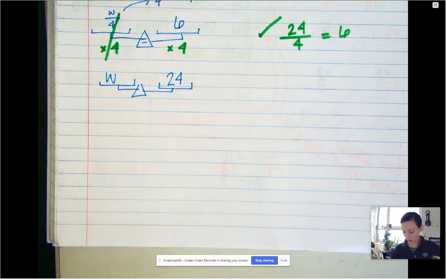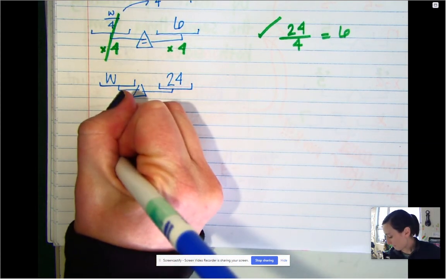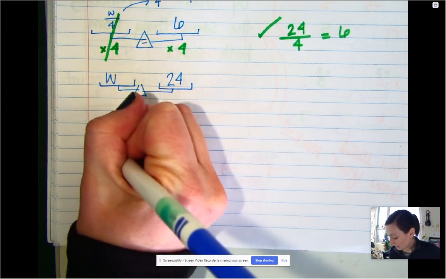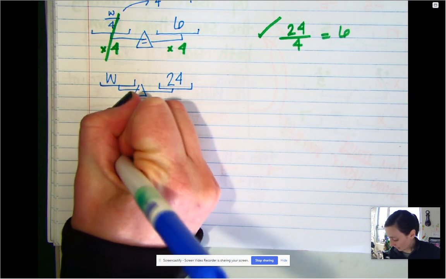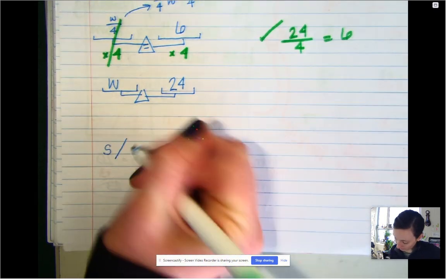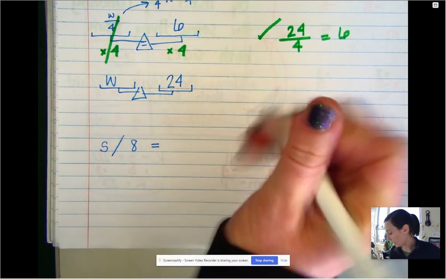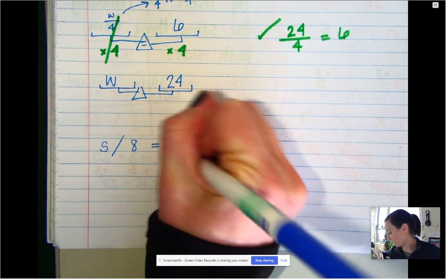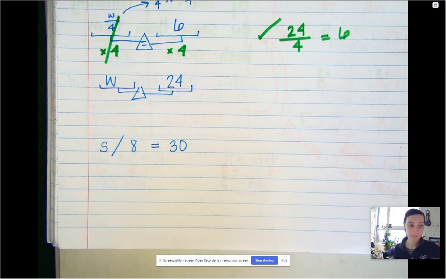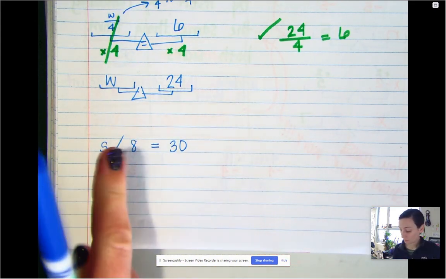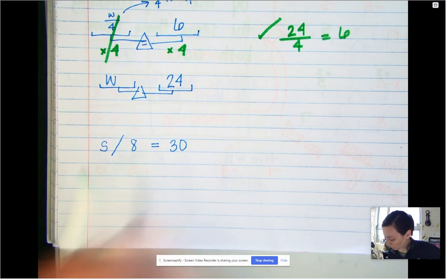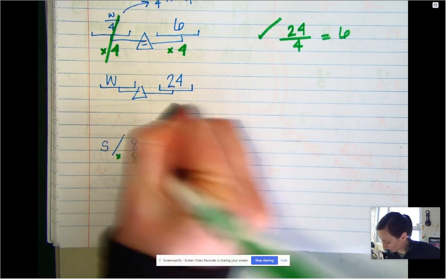Let's do one more. If we have S divided by 8 is the same as 30, I need to multiply by 8.